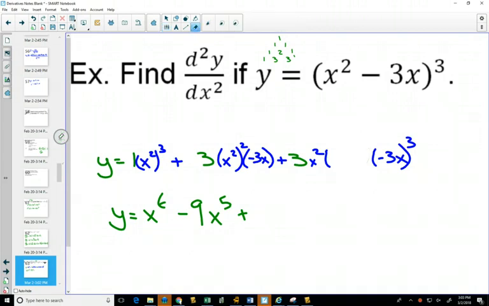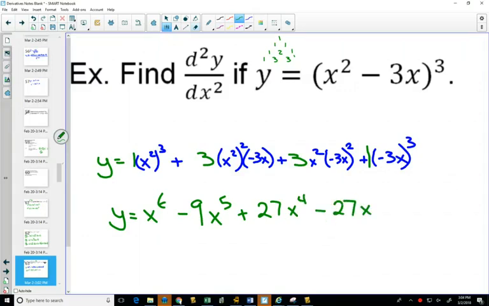Yeah. Wow. That was my big eraser. Okay. That'll be 27x to the 4. And the last one will be negative 27x cubed.